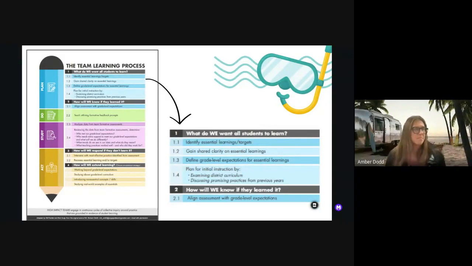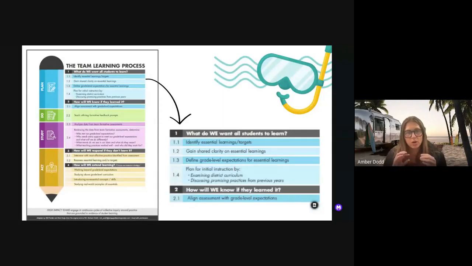We should all be familiar with our PLC process: plan, do, study, and act. It asks what we want all students to learn, identifying essential learnings and targets, gaining shared clarity on them, defining grade level expectations, and how we plan instruction.